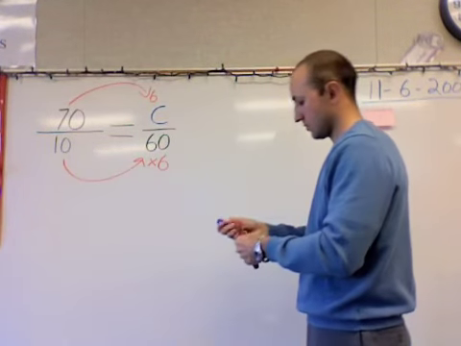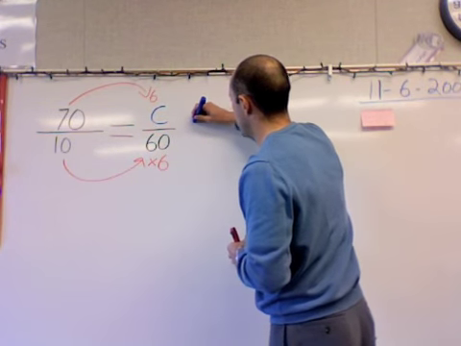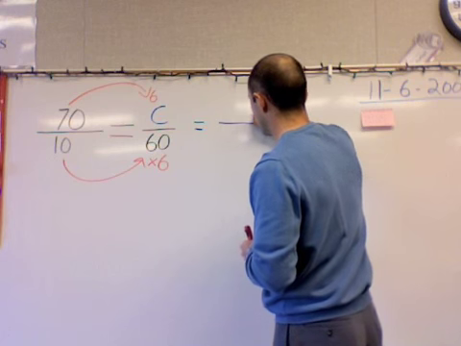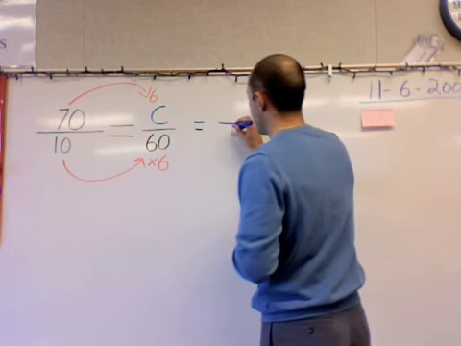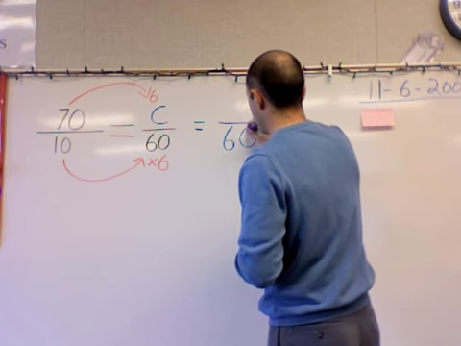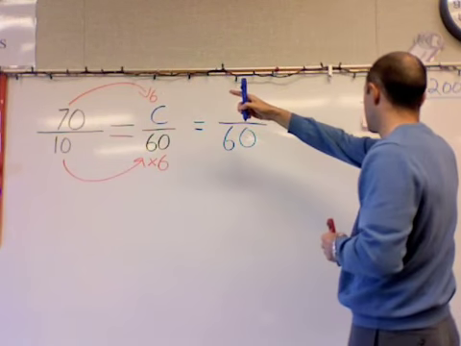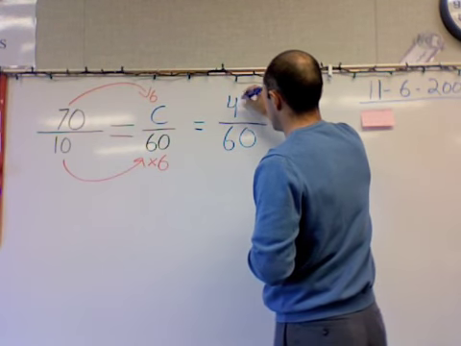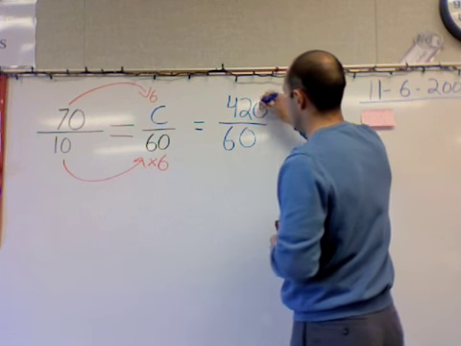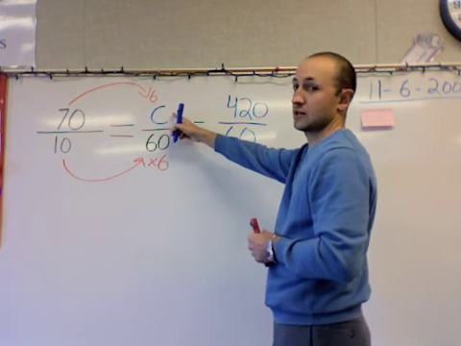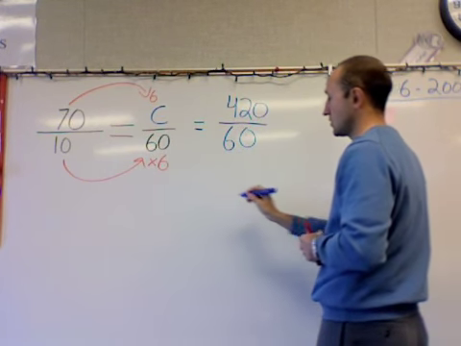So let's set up our new proportion here. 60 is going to stay the same. If I do 70 times 6, just happens to be 420. So now for my final answer, I know that c is equal to 420.